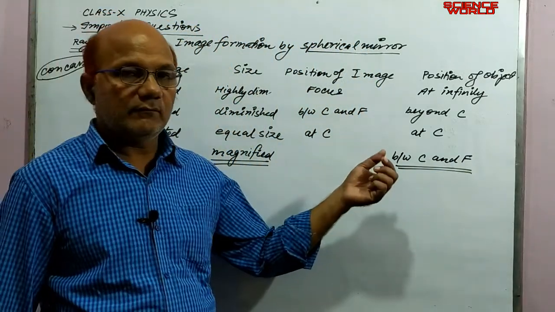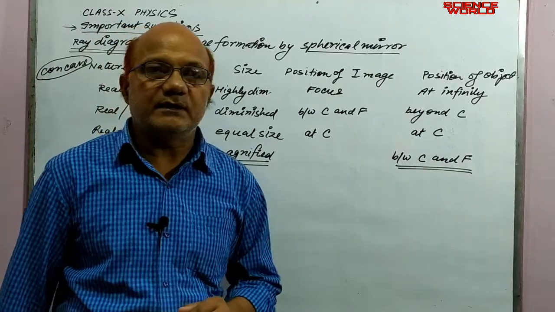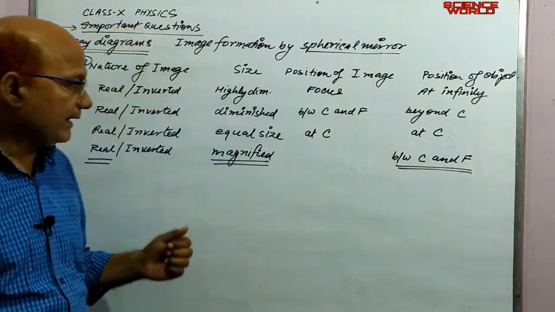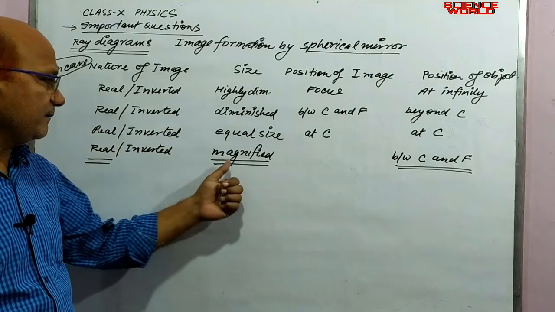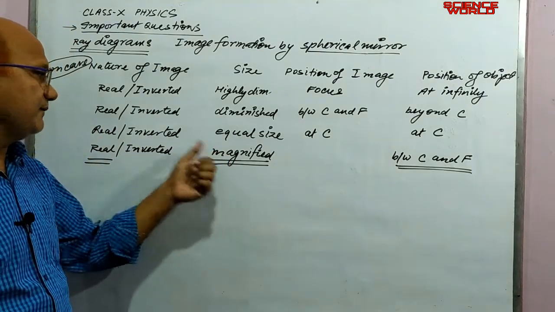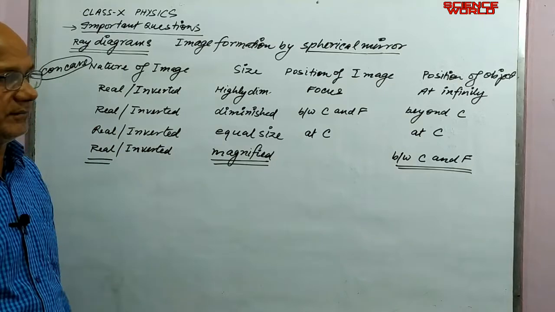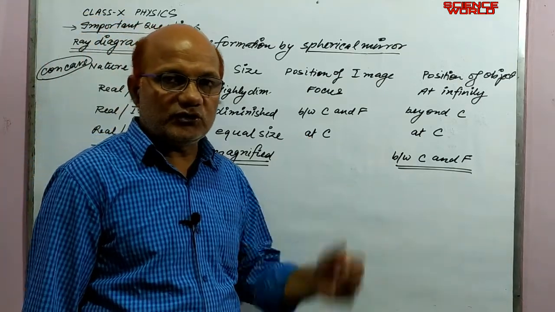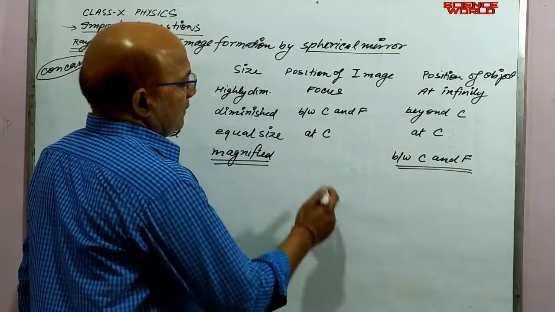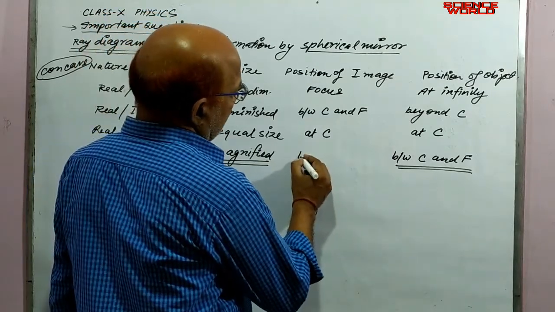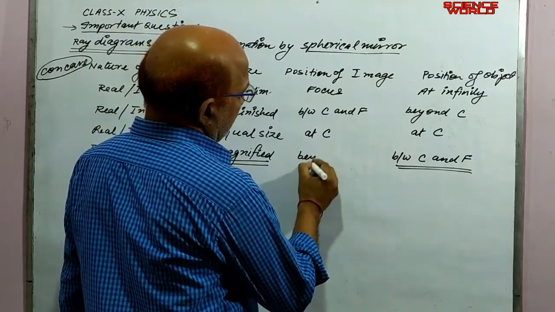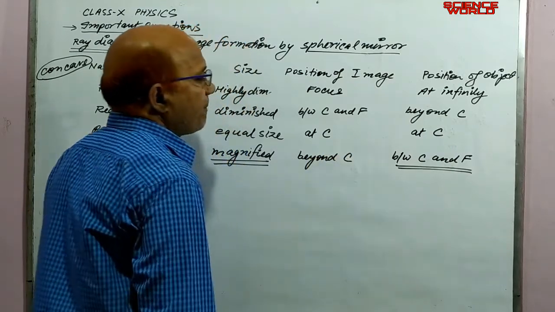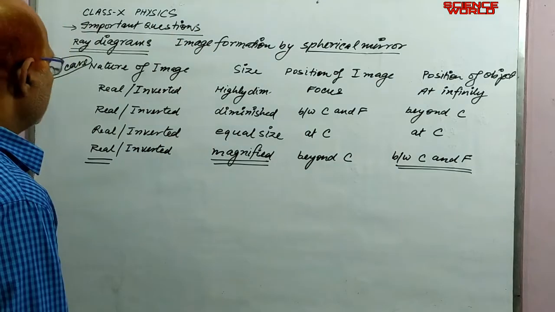So, when you place the object between center of curvature and focus, you will get real and magnified image or magnified real image of the object. What will be the position of image? It is beyond center of curvature. Okay.